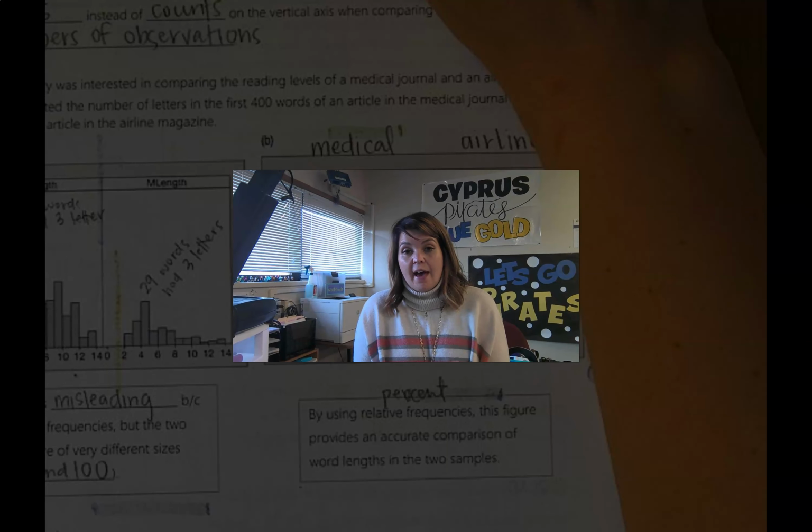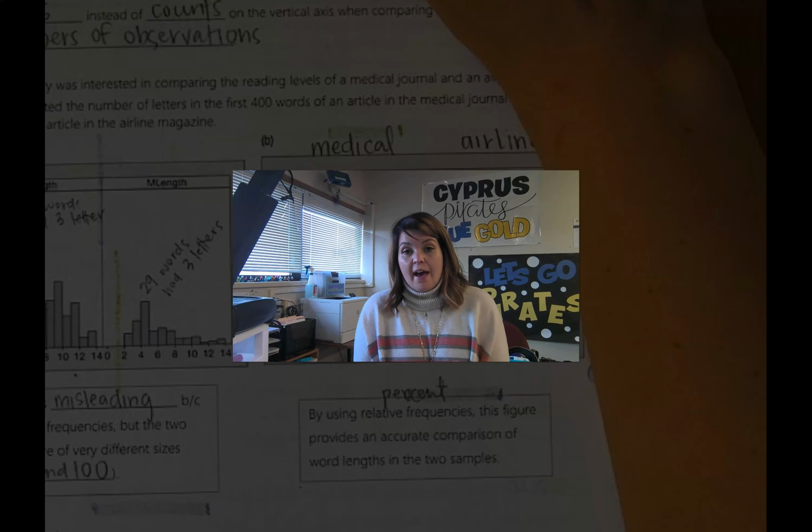So for the medical journal, what I have is that this is 1%, this is 13%, so that puts me at 14%. If I add this 23, that puts me at 14 plus 23 is 37%.